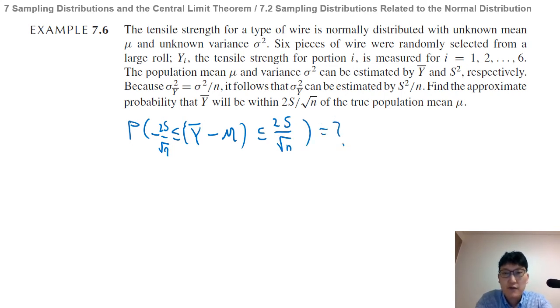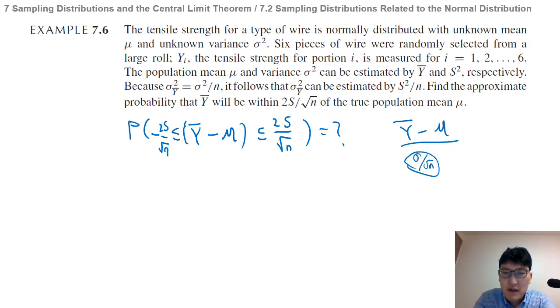Okay, we want to estimate this probability, and actually we previously learned this thing: Y bar minus mu divided by sigma over square root of n.